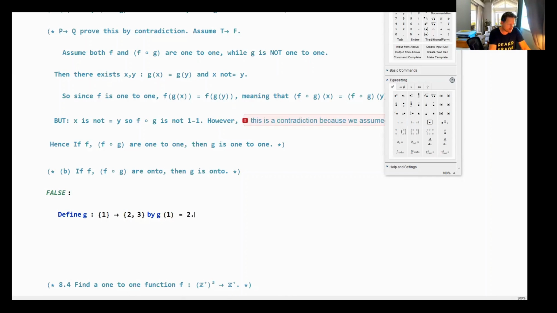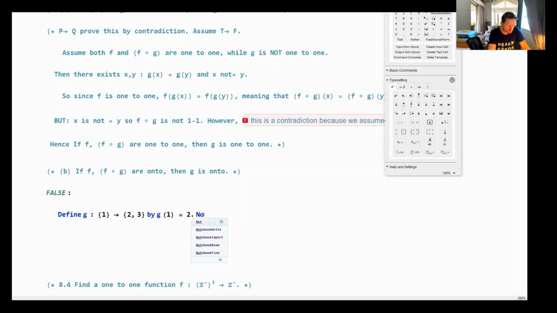Okay, so now you can see that 3 didn't come from somewhere, right? So this is defined for all the elements in the set X on the left, right? It's a function, but it's not onto.